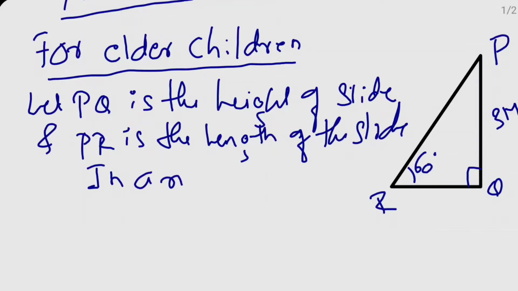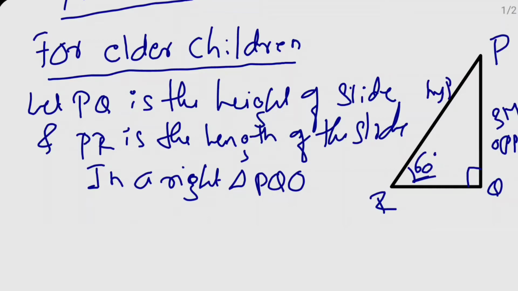In a right triangle PQR, look at the figure here. When we use 60 degrees, that time PQ becomes the opposite and PR is the hypotenuse. So here also using opposite we want to find out hypotenuse.